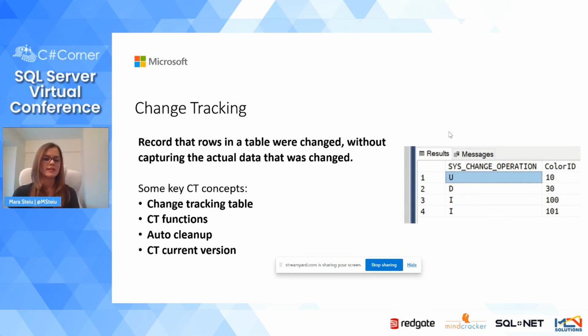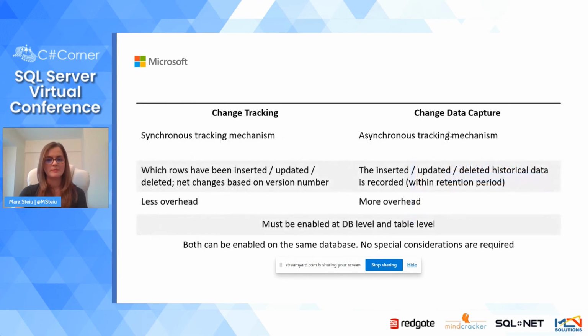Then you have an auto cleanup policy, as we've seen before, and a change tracking current version, which is interesting because every time a user accesses a table, you can get the version number active at that moment. If you keep that version number safely stored somewhere, the next time you access the table again, you can get the net change data from that version number. So that actually is very valuable.